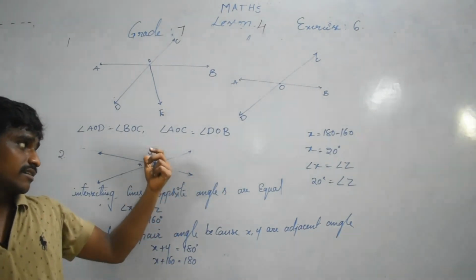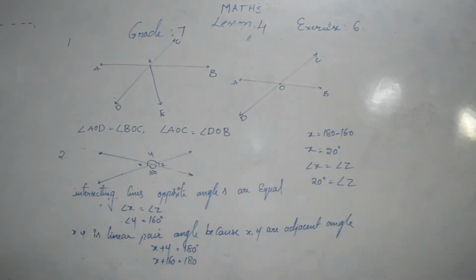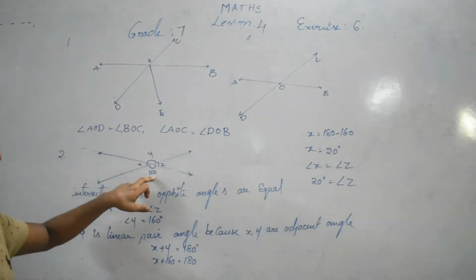Angle y is 160 and the other angle is 160. So this is a vertically opposite angle.